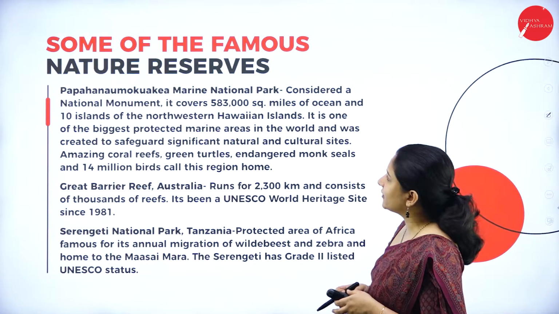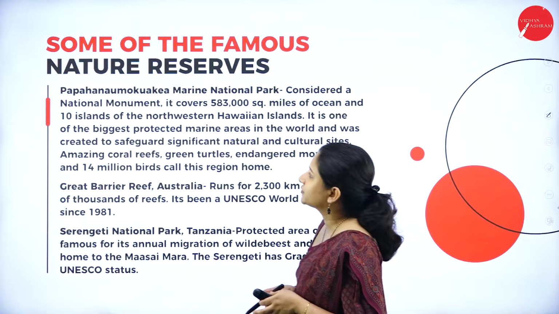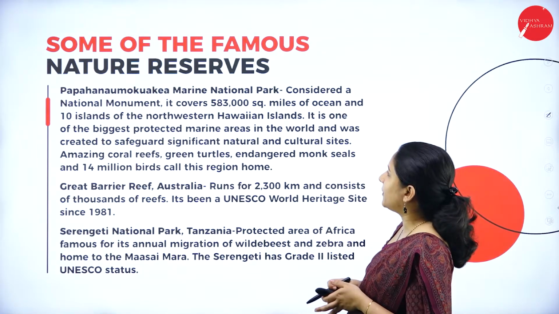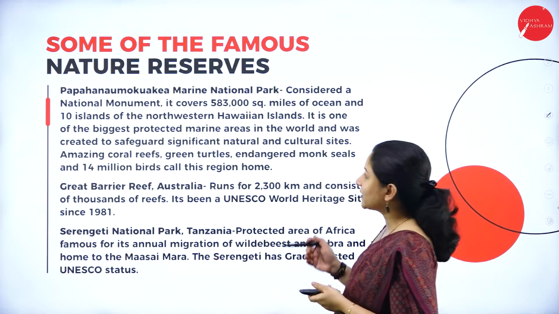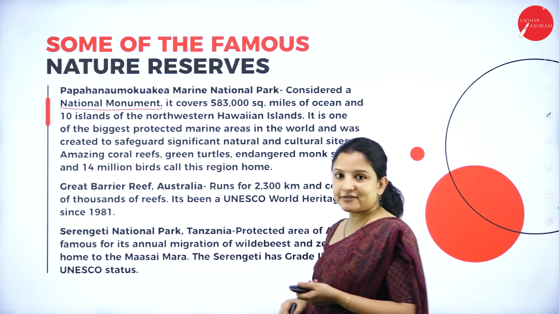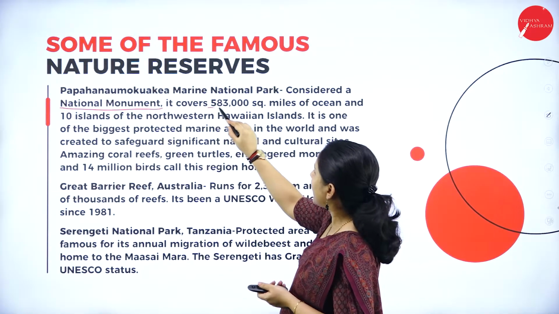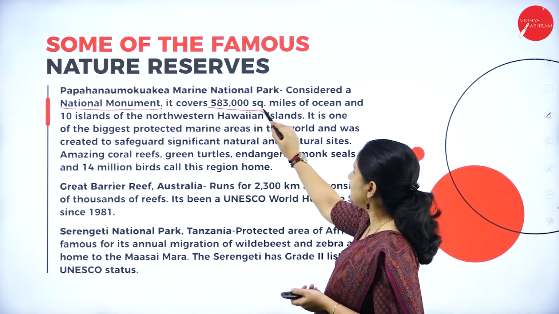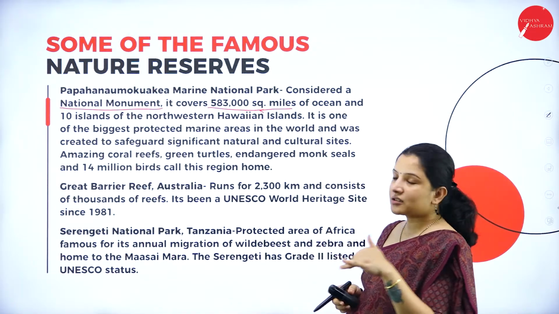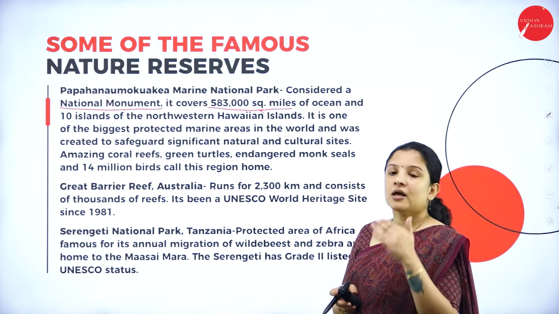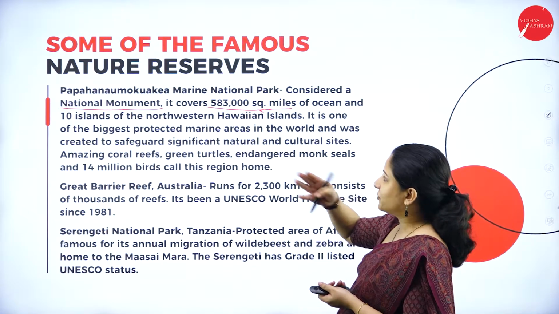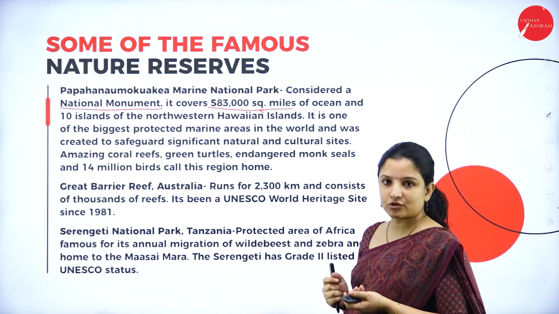Apart from that, there is also one more nature reserve which is called Papahānaumokuākea Marine National Monument, and it spreads over an area of 583,000 square miles of ocean. This is a marine national park, therefore it is the ocean, spread over 583,000 square miles.